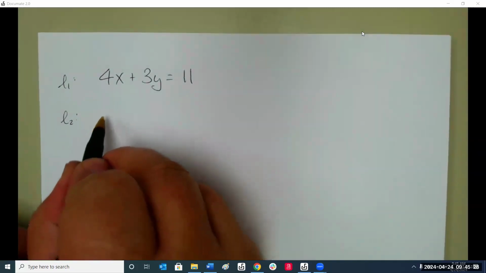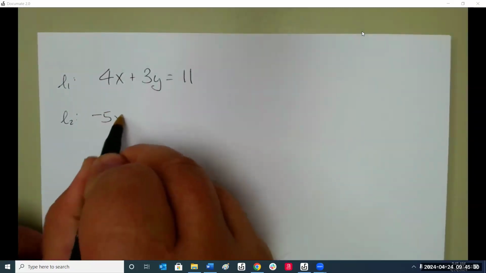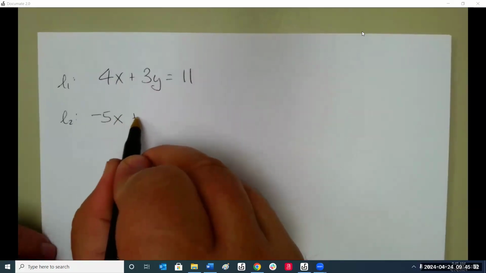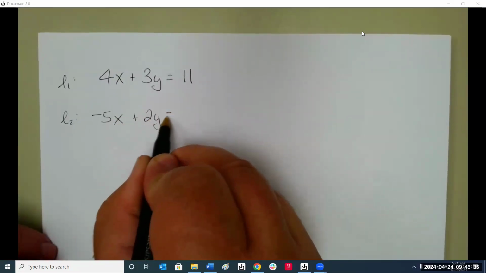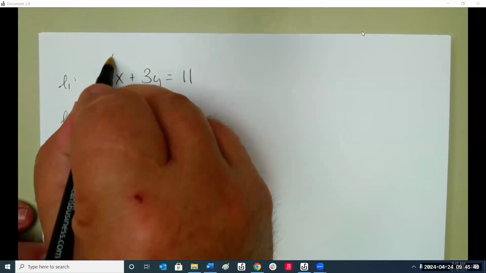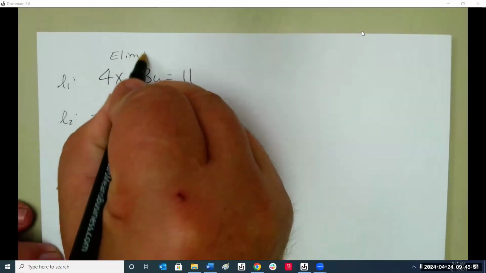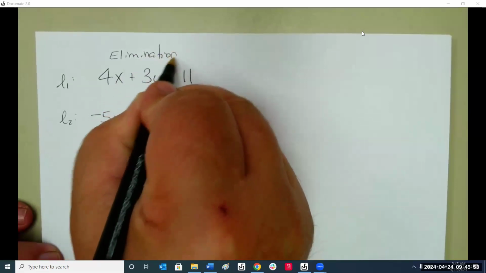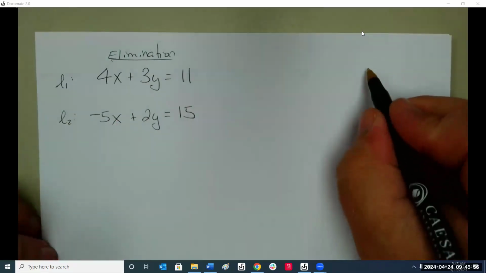And line 2 is negative 5x plus 2y equals 15. How do we do elimination? What are the steps for elimination?